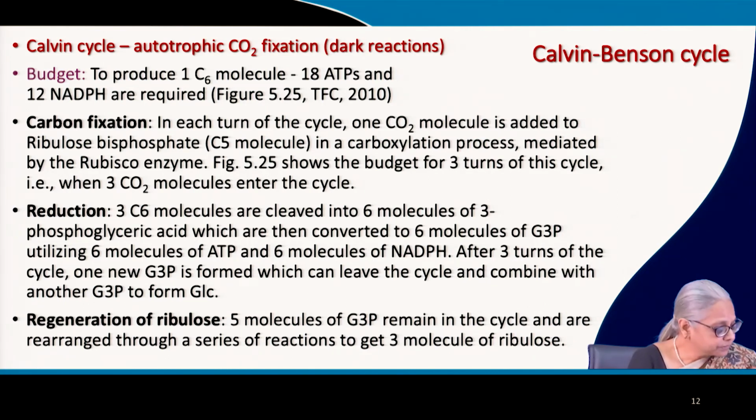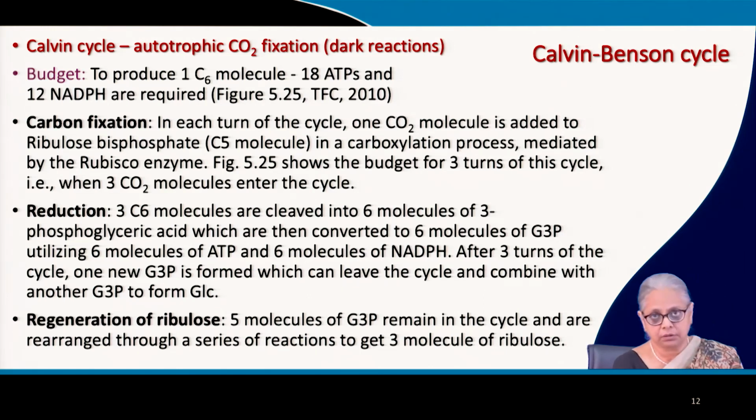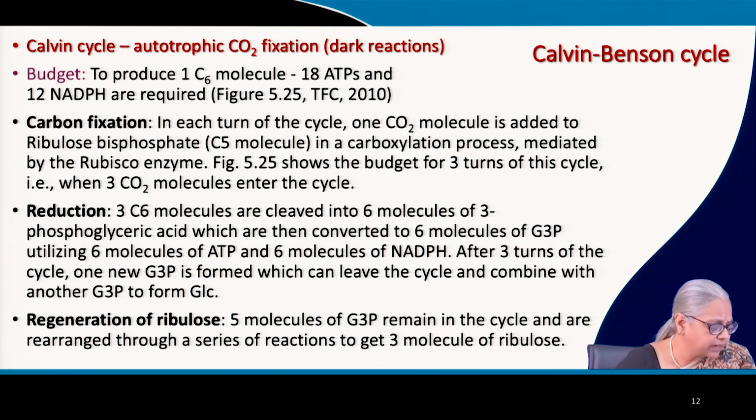Figure 5.25 shows you a very simple schematic which gives you some information about how CO2 is taken into the Calvin-Benson cycle and then utilized to form glyceraldehyde 3-phosphate molecules, and two of these G3P molecules are then combined to form glucose.